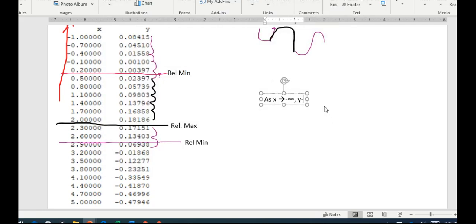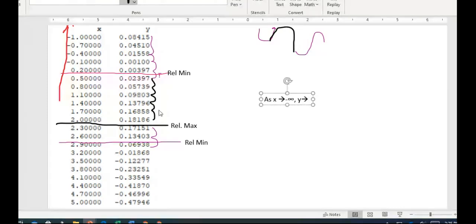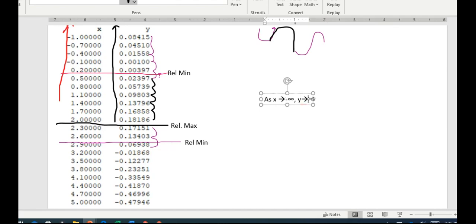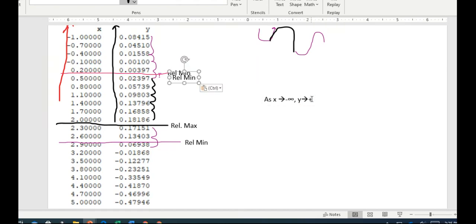If you look at your y values, they keep increasing there towards the end. So here's where we just have to make that conclusion that y is also going to go towards positive infinity.